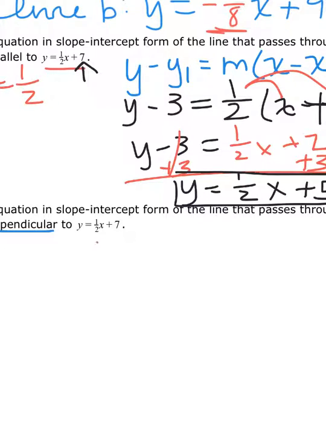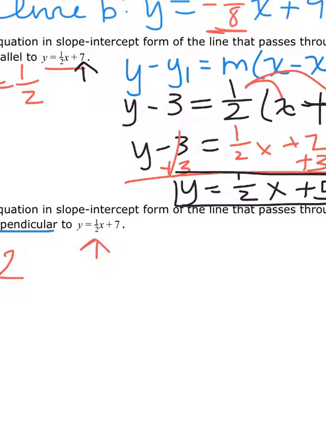My slope is the opposite reciprocal of the slope of the line that's given, right? This slope is positive 1/2. So if I'm going to flip it and switch it, I know my slope's going to be negative. And what's the reciprocal of 1/2? 2 over 1, or 2.